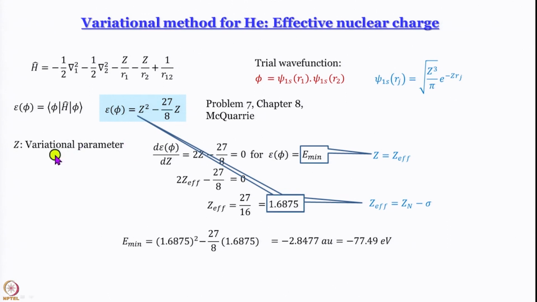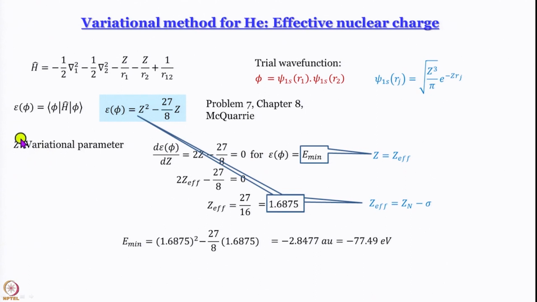So, that is why we expect that the value of Z will keep decreasing. One way of doing it is taking Z minus sigma, the other way is by taking a fraction. So, here we are taking it like a fraction, but then of course we can subtract it from the original atomic number and get the effective atomic number, get the shielding constant rather. So, this is a variational parameter.